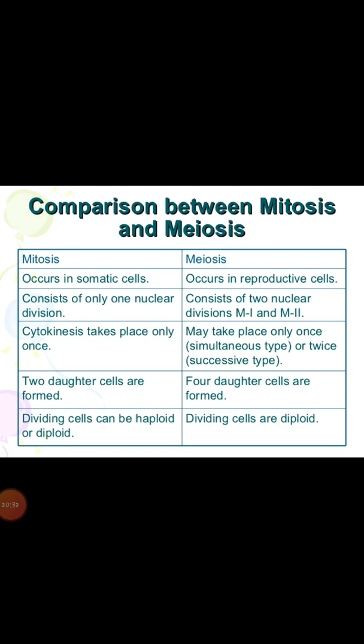Two daughter cells are formed after mitosis, and four daughter cells are formed after meiosis. Dividing cells can be haploid or diploid in mitosis, and dividing cells are diploid in meiosis.